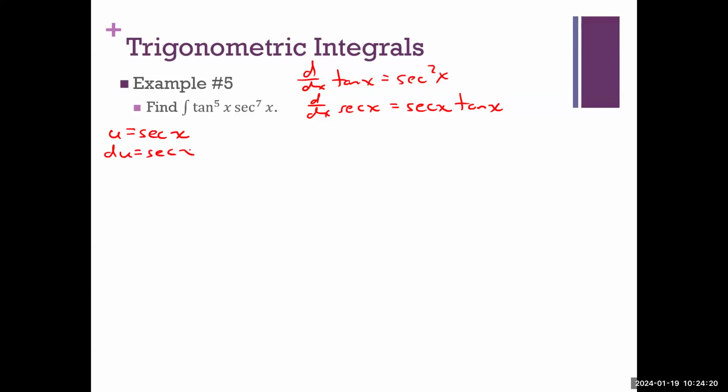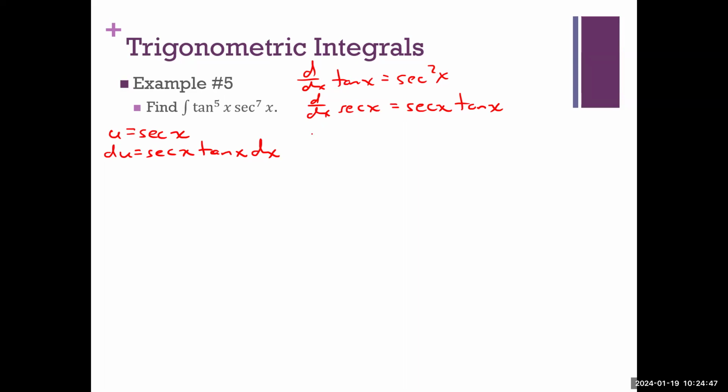So I'll ask the same question I did last time. Are we going to be able to be left with a secant x tangent x in this case? And why is that? What's odd? Both powers. So in this case, I do need both to be odd because I'm trying to get to a single power of secant, a single power of tangent. So because of that, I need them both to be odd.